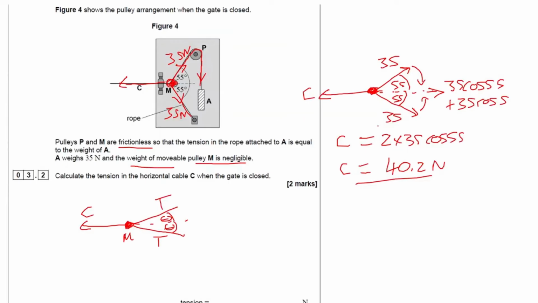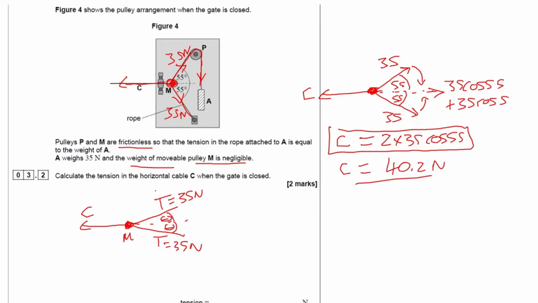If we go back to that equation we did over here, we said that the force C has to be equal to 2 times whatever the tension is times cos whatever the angle is. Now, I have to go back a bit actually and say, well, the thing is that this value of the tension, it can't change because it's still attached to this weight A, so we still know that this is 35 newtons and this is 35 newtons.